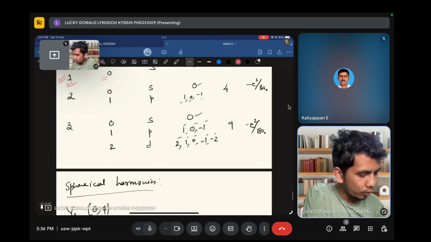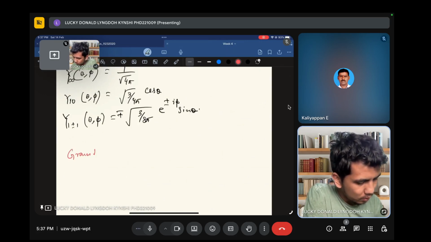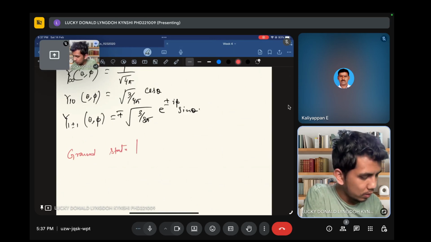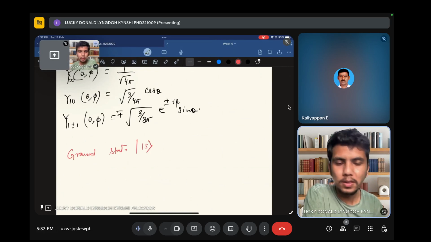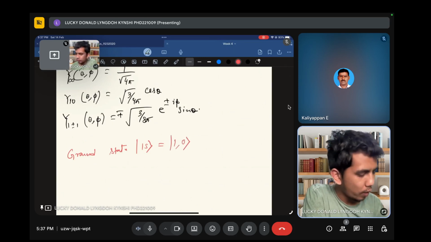Okay. So for your ground state, what does it mean? It means it is the state 1s. That means n equal to 1 and L equal to 0. Okay, so n equal to 1, L equal to 0 is the ground state. Now, we can also take m equal to 0.